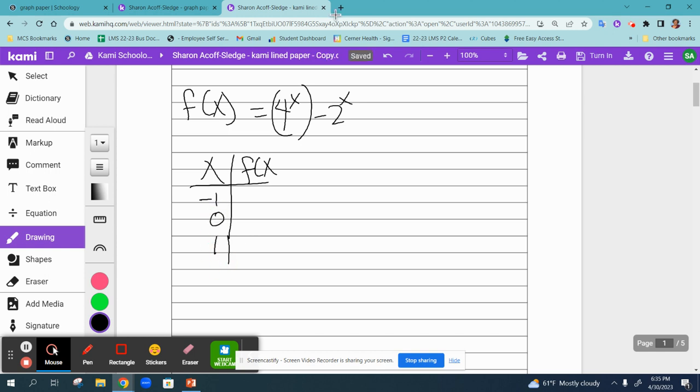So this is going to be 4 to the -1 minus 2 to the -1. When you have a negative exponent, you drop it to the denominator, -1/2. And so this is going to be 1/4. You can do this on the calculator.